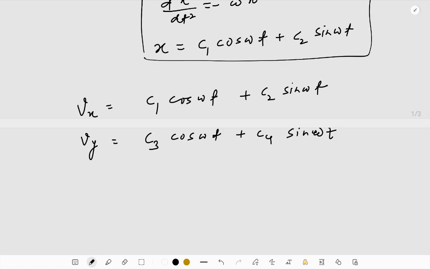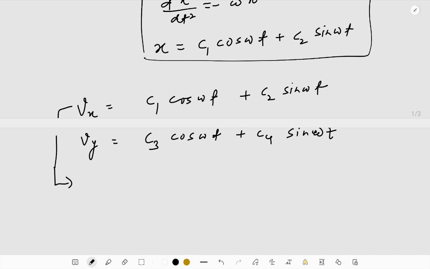But you need to worry about something: you have two unknowns in this equation, vx equals c1 cos omega t plus c2 sin omega t, two unknowns, c1 and c2. But you have only one equation, and you can't find the values of two unknowns from a single equation.